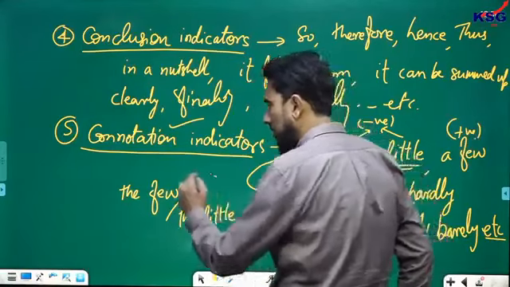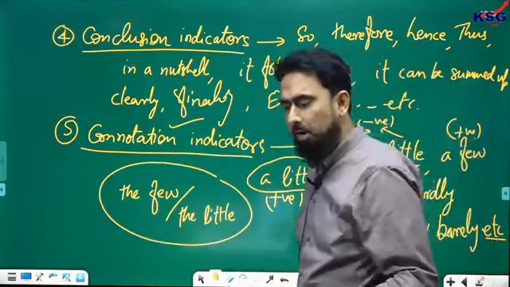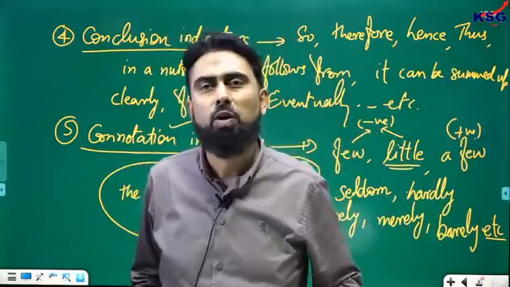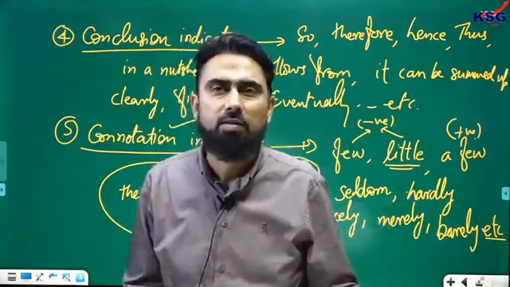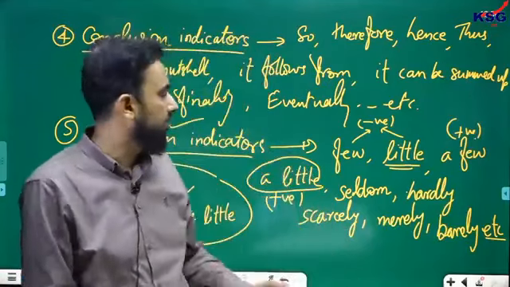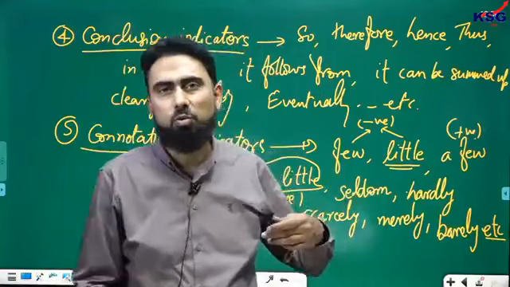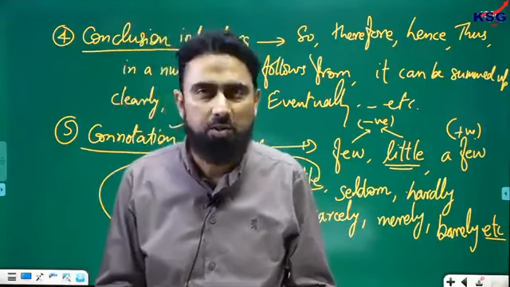So yes, it is also connotational, Biswajit. For example, when you use "the little" or "the few," you want to convey that all that there was, something happened to that. So go back to that example. When somebody wants to borrow money from you and you were not willing, or you didn't have sufficient money, you said, I'm sorry, I have little money.